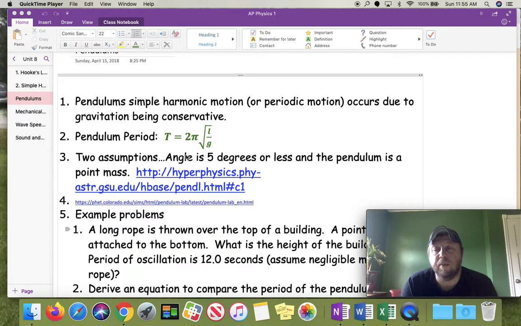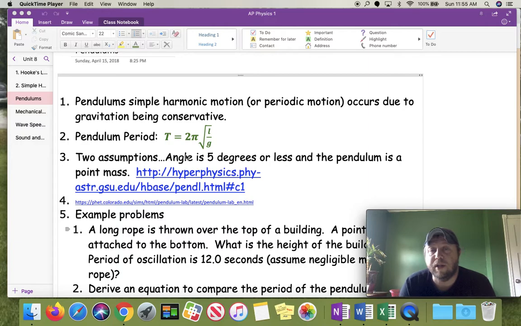Now, there are a couple of assumptions that we're making here. First of all, we're making the assumption that all of the mass is located at a point and the string has zero mass or negligible mass. If you think back to all of our fun rotation unit, moments of inertia for different objects, we would have to factor that in, okay?